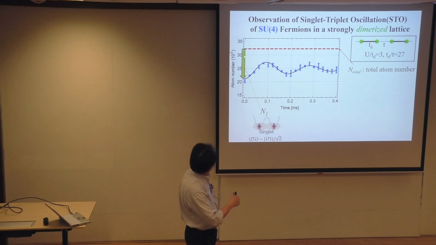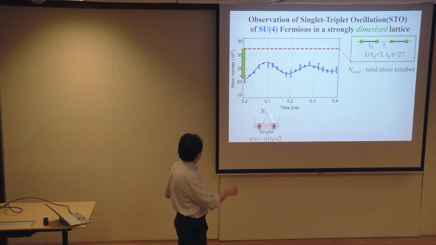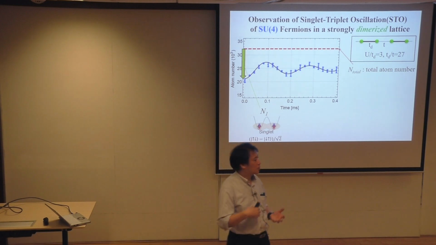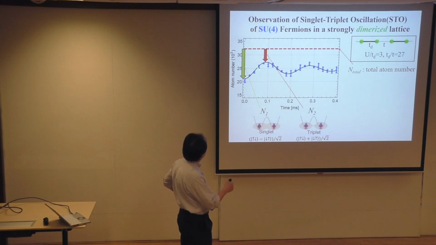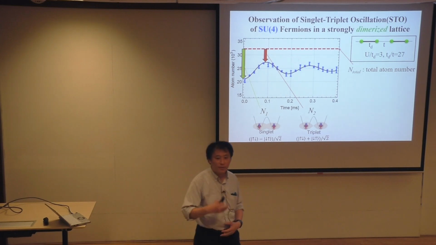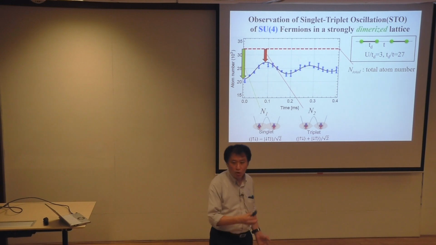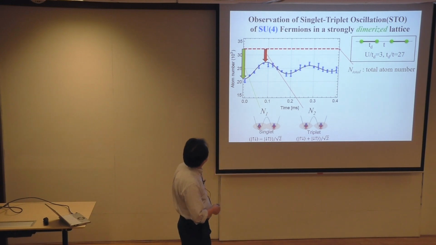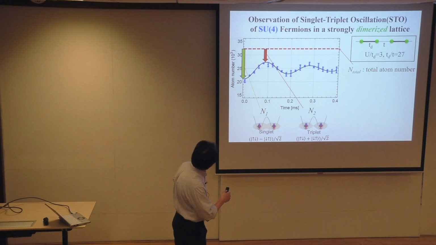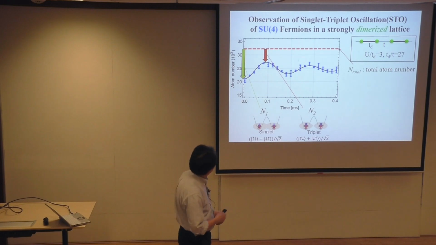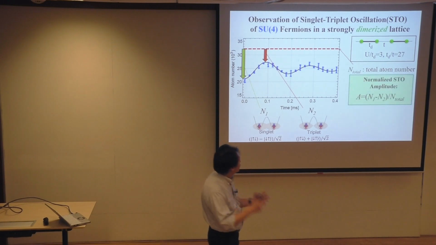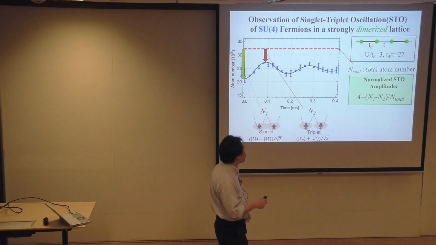So this atom loss corresponds to the initially prepared spin singlet state, and this atom loss, after half of the cycle of the STO process, is contributed by the initially prepared spin triplet state. From this behavior, we could deduce the important quantity of the normalized STO amplitude, defined like this.